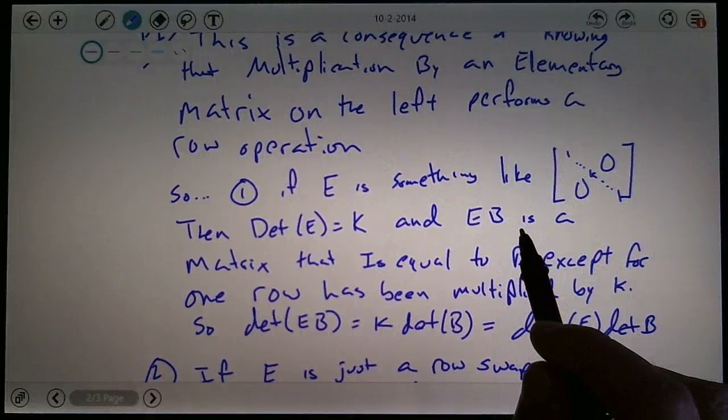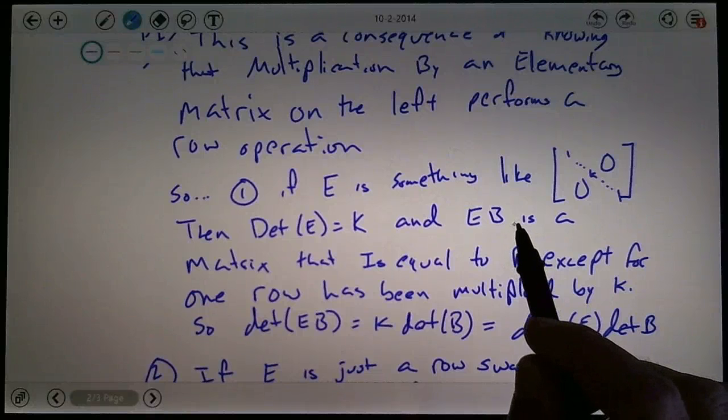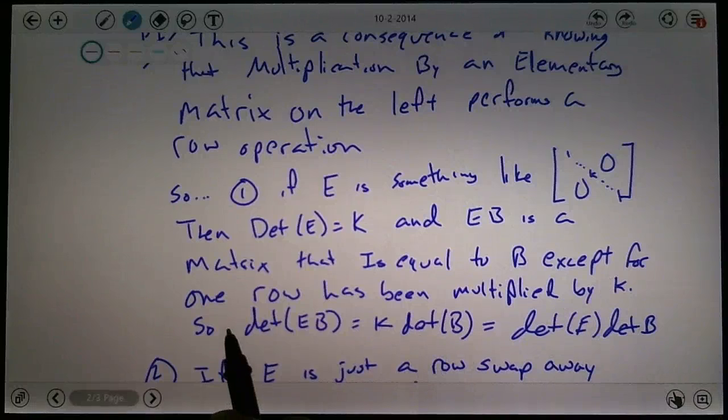Well, multiplying a row by k is going to change the determinant by a factor of k. Right? So right down here, the determinant of E times B is just going to be k times the determinant of B, because you just multiplied a row of B by k. But k is the determinant of E, so the determinant of E times B is the determinant of E times the determinant of B. Okay.